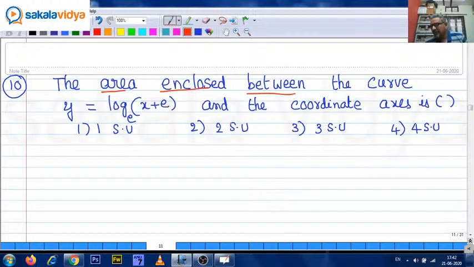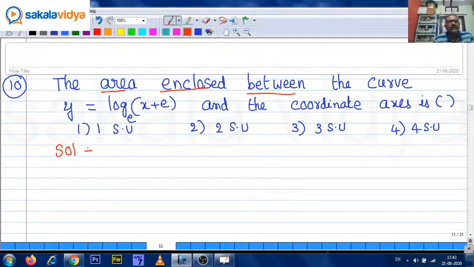That means first we need to find out where it cuts the x-axis and where it cuts the y-axis. On the x-axis y is equal to 0, on the y-axis x is equal to 0, so that we can find the points at which the curve cuts both the axes. Then easily we can find the area enclosed between the coordinate axis. First we need to draw the figure for this one. Right, let us do it now.